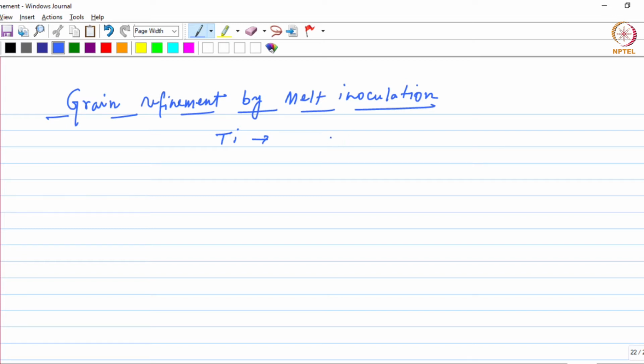It is rather this intermetallic which forms between aluminium and titanium, which will act as those suspended solid particles, providing that heterogeneous surface for the nucleation. Okay, and this is actually added in the form of aluminium titanium master alloys having a certain percentage of titanium.